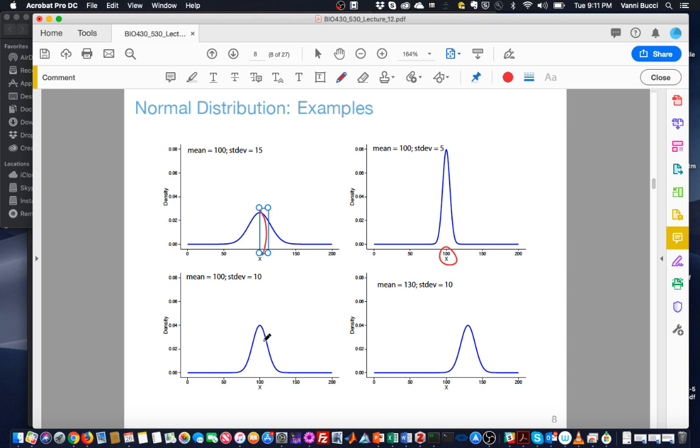Then, comparing the same standard deviation and different mean, we basically see the same distribution shifted towards the right. If we go here, the peak has been shifted to 130.